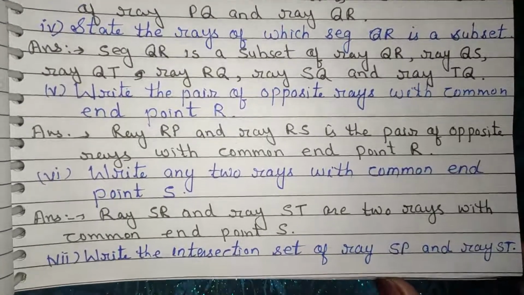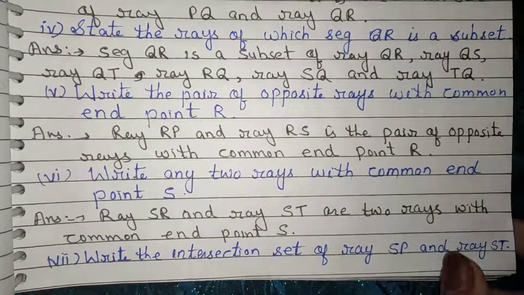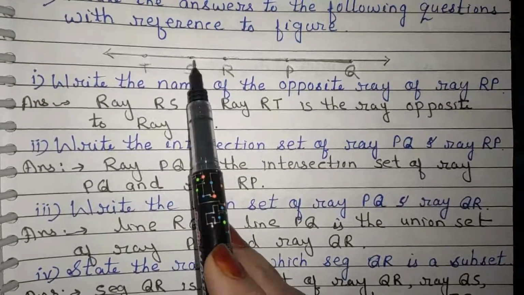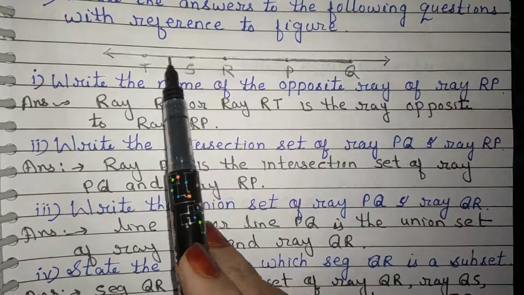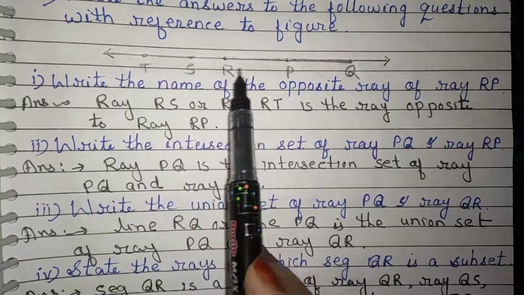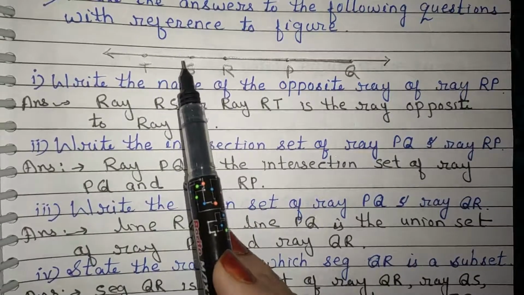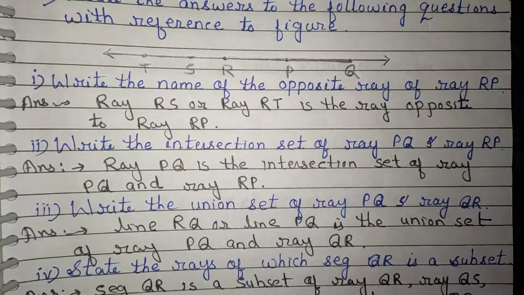Now next question is, write the intersection set of ray SP and ray ST. Now look here, ray SP means this one, and ray ST means this one. Now intersection means common. So what is common here? Point S is common. Therefore write down the answer here.